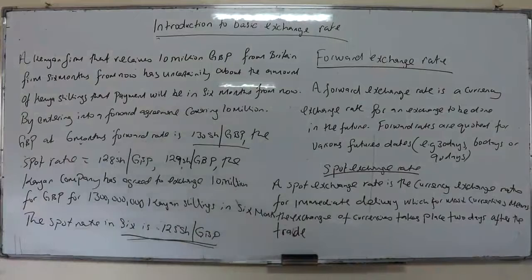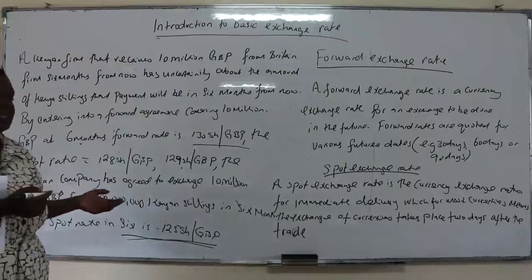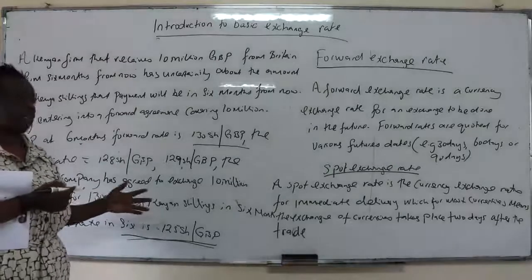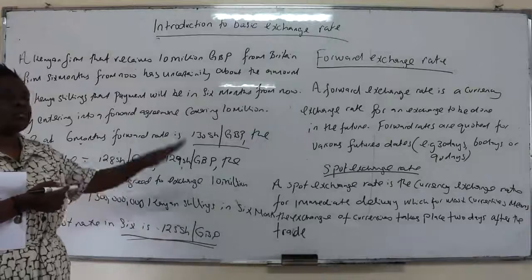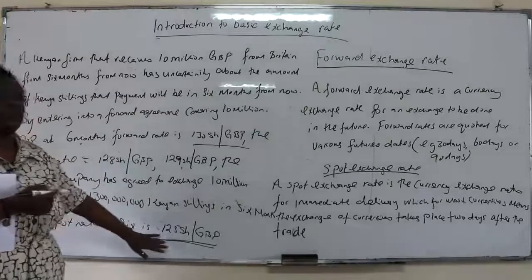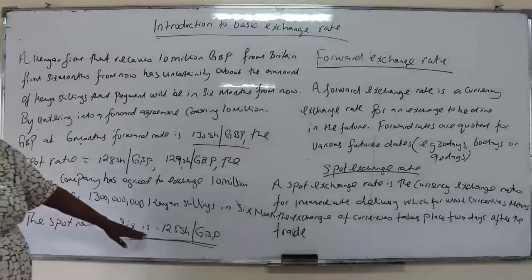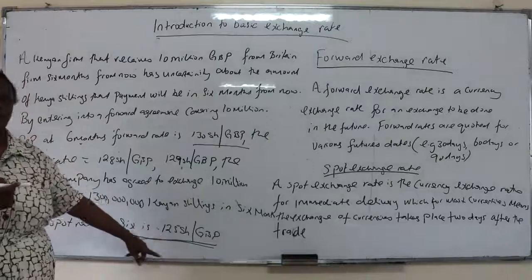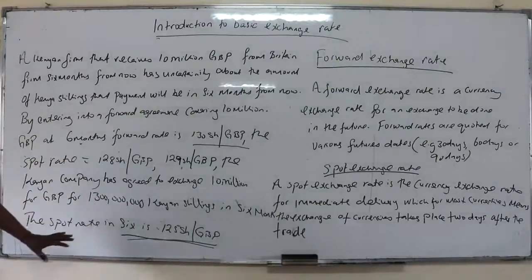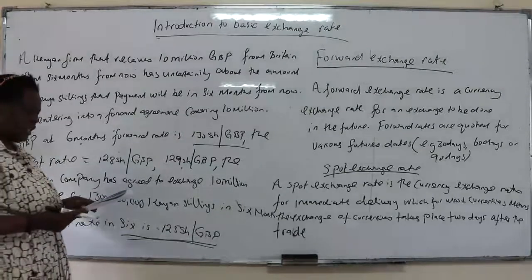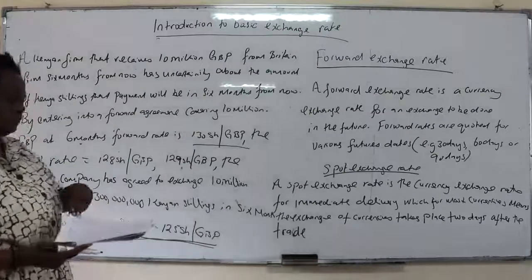If the trader had thought, I can wait and use the spot exchange rate, because exchange rates keep fluctuating he would have lost, receiving 1.250 billion instead of 1.3 billion. So it is always important for traders, if they expect money in the future, to hedge against the foreign exchange risk.